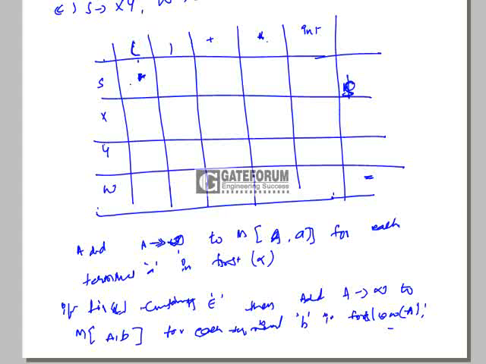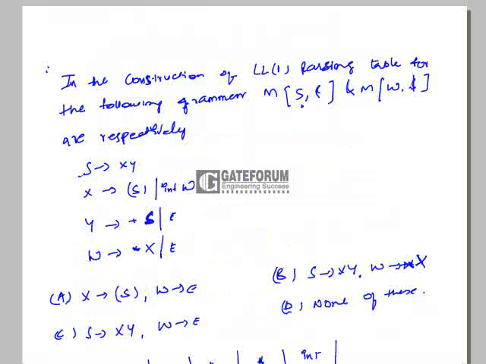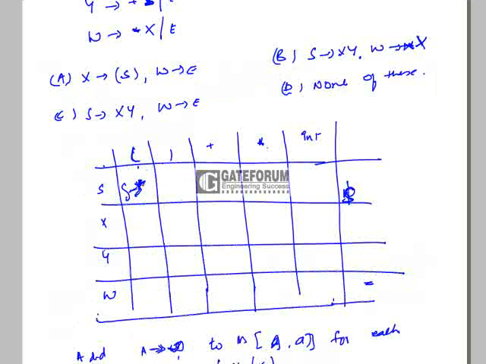So like that we have to check the productions. Those productions will be coming into this entry. So if we see S gives XY, here first of XY is first of X. First of X is left parenthesis. So we can say that this entry is nothing but S gives XY.